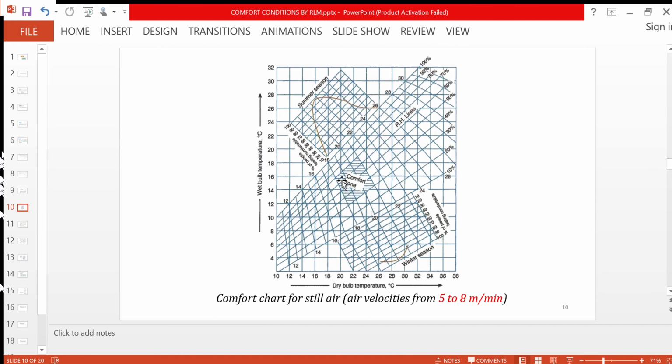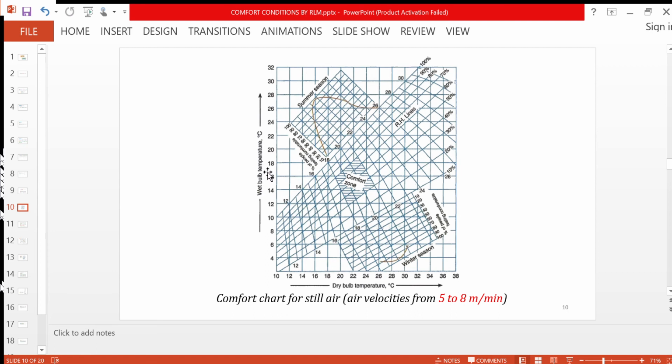When your dry bulb temperature is between around, say, 19, 22, 25, and in your relative humidity this upper line is 70% and this lower line is 30%, when your relative humidity is between these, you feel comfortable.